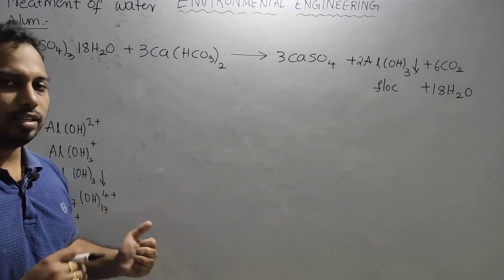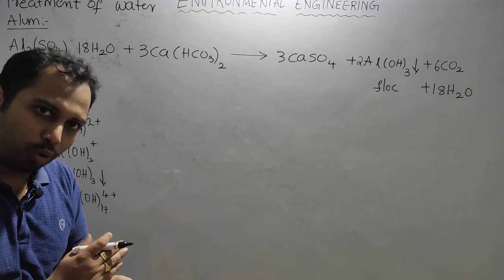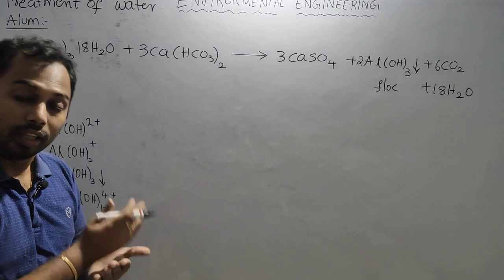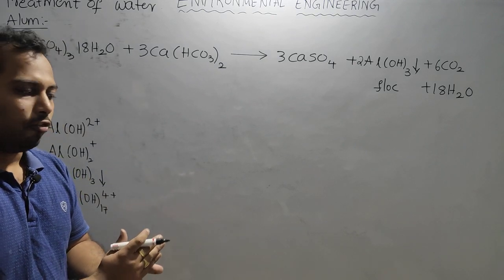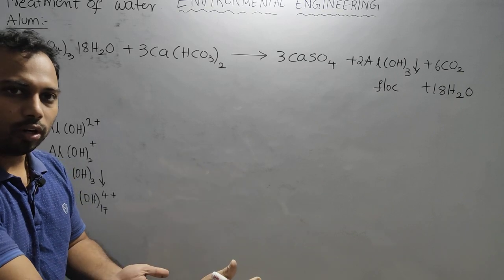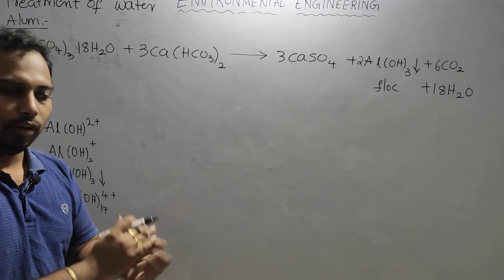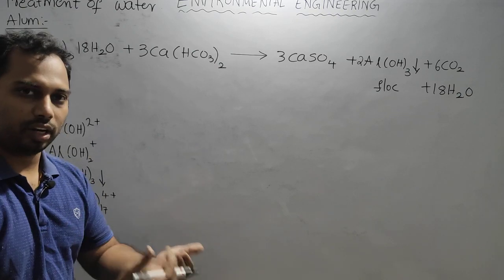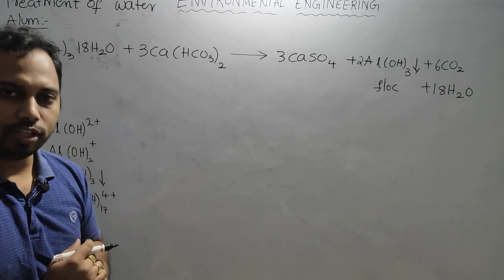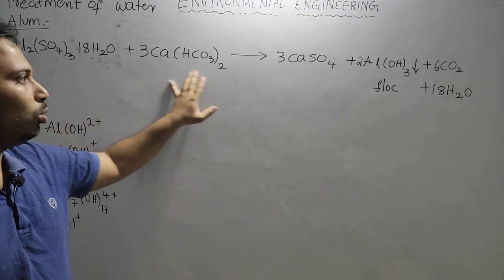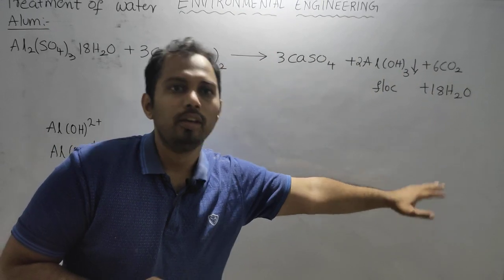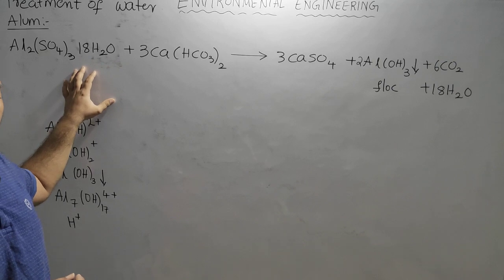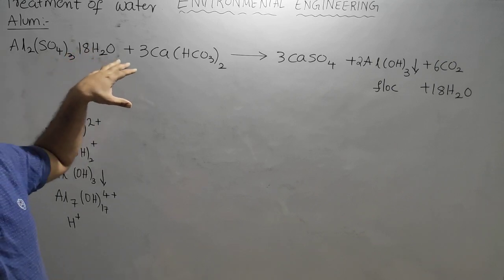So what dosage of alum is needed, and for that dosage of alum how much alkalinity is needed, and whether that alkalinity is present in water or not, we need to understand. If it is not present in sufficient quantity, then how much we need to add externally. These things are needed for an engineer. So that is why we are going to study those concepts. Products will form when you give sufficient reactants. So let us focus on the sufficiency of the reactants first.